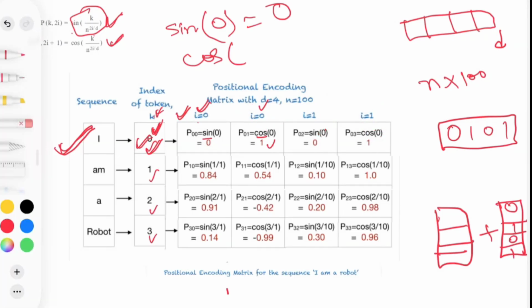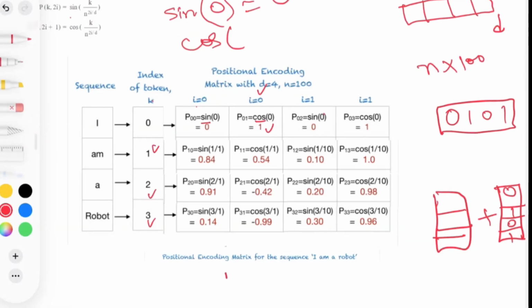Now let's go for finding k equal to 1. So now your k is 1. If you apply this formula, I'll have sine of k equal to 1 divided by n to the power 2i.